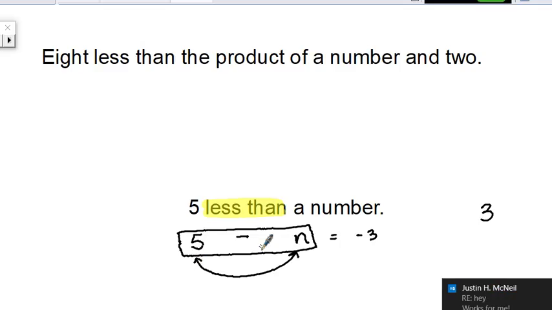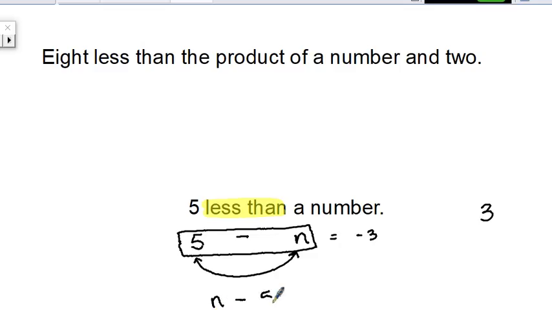So we're going to put the n where the 5 is and put the 5 where the n is. So the correct translation of 5 less than a number would be n minus 5, not 5 minus n.